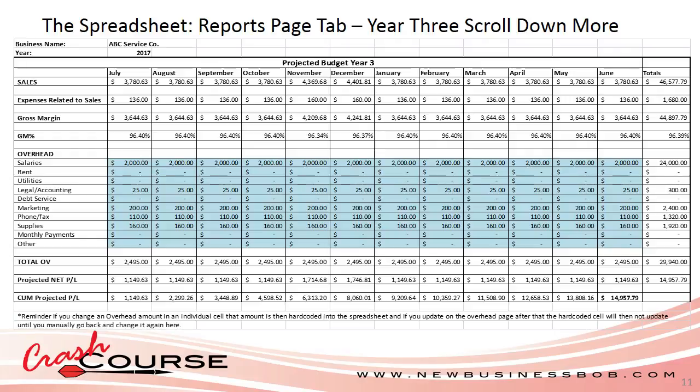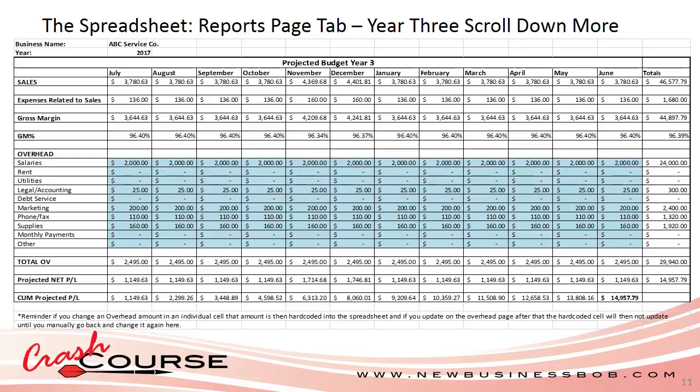This is where, on the reports page, you can take a look at what your guesses in the previous tabs have done and how the numbers flow, and you can see where they are working and where they're not working. You can go back and adjust them in the prior tabs, play with those numbers and see what's going to happen.